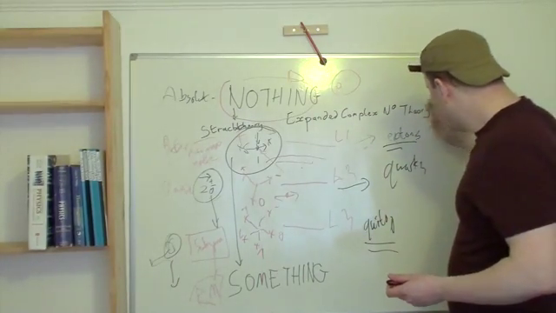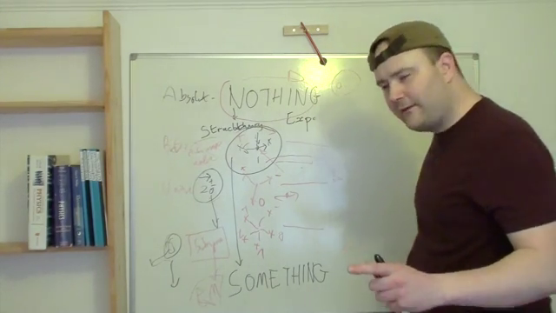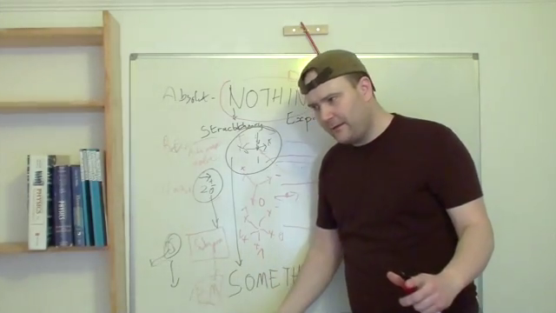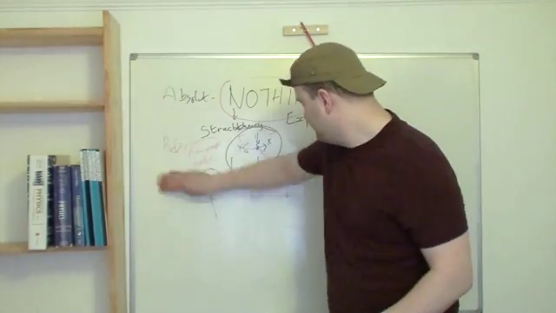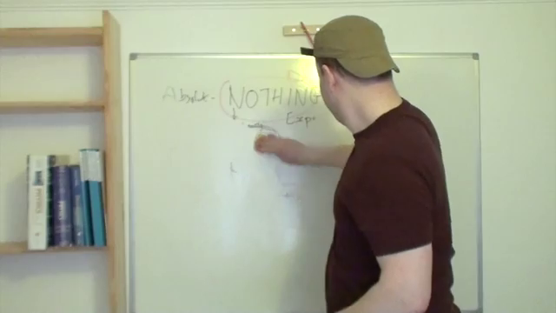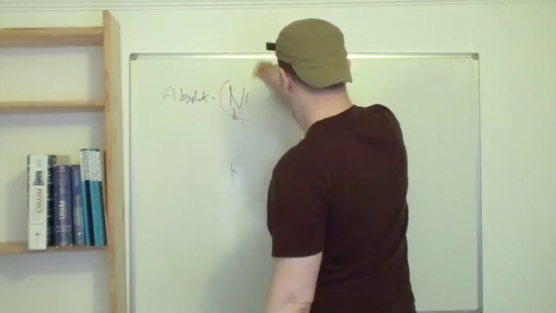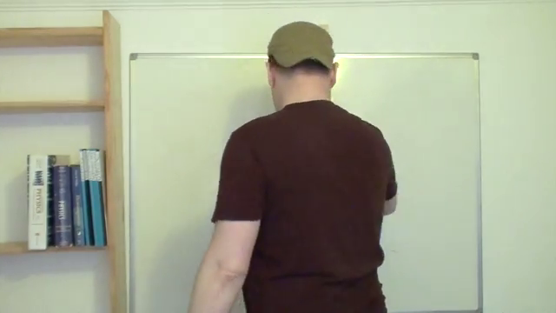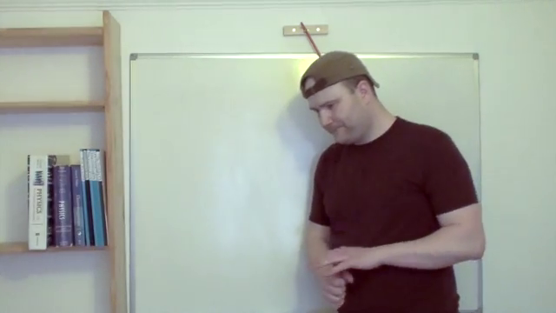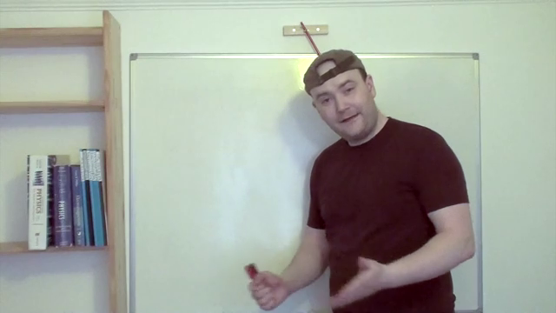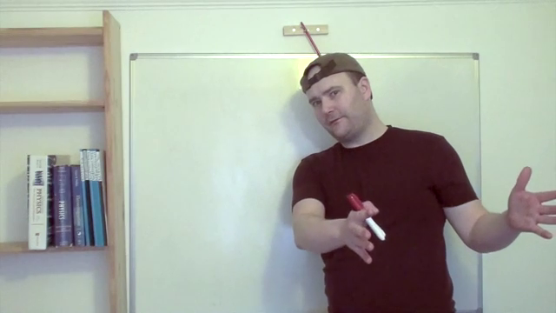Okay, so that ends the first part of this. What I'm going to do now is talk a bit about this expanded complex number theory. As the name suggests, expanded complex number theory is complex numbers, but expanded.